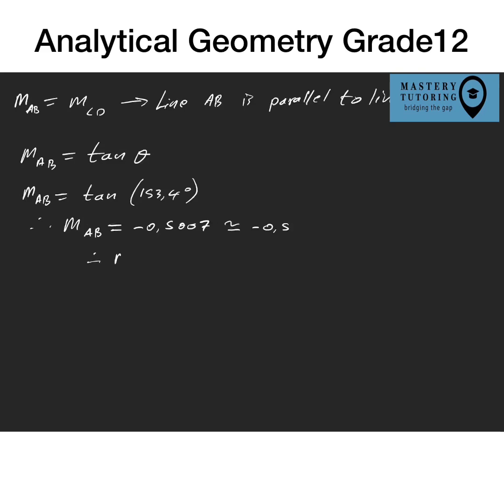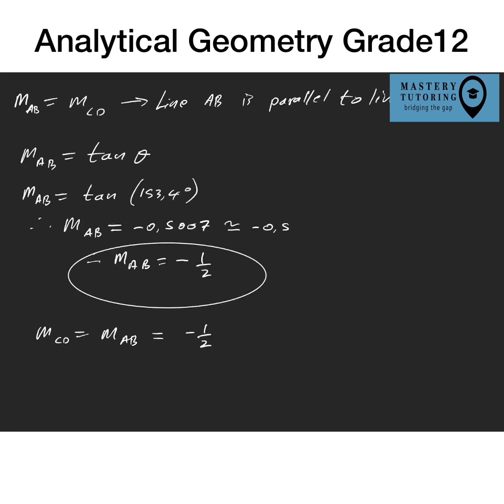I can rewrite this as minus 1 over 2 because 0.5 is the same as 1 over 2. So this is my slope for line AB. Now I need to take this slope and calculate the slope for line CD. Because these lines have the same slope, the slope of CD is equal to the slope of AB, which is equal to minus 1 over 2.